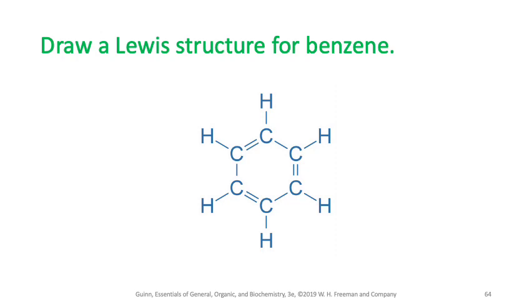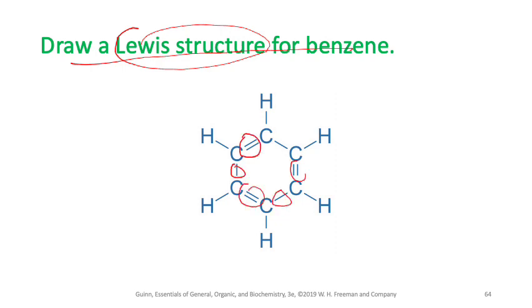So let's do this problem over here. The problem says draw the Lewis structure of benzene. The time I say Lewis structure, you have to show the carbon. So you have 6 carbons in a closed ring, and then you have alternate double, single, double, single, double bond, and you have one hydrogen on each carbon atom, right?